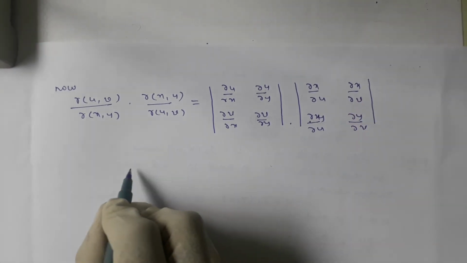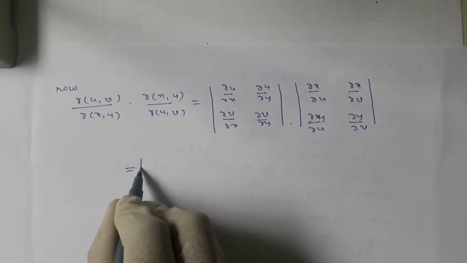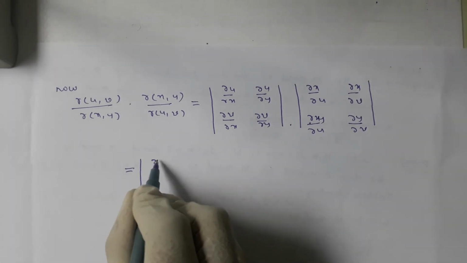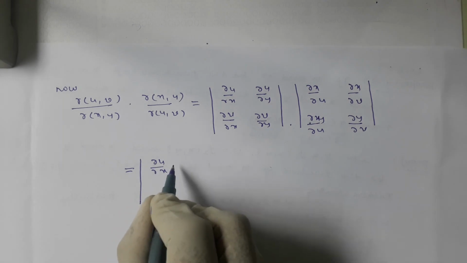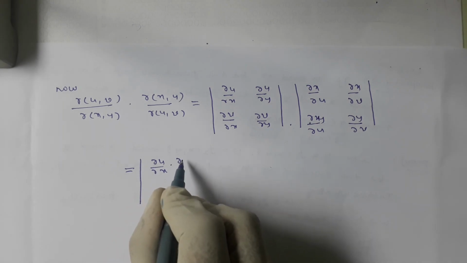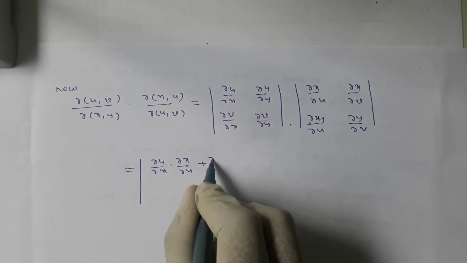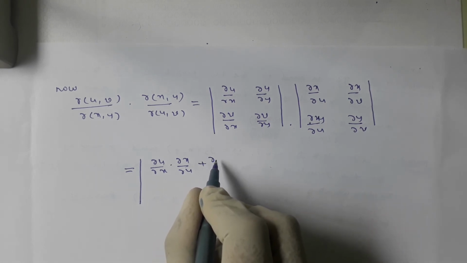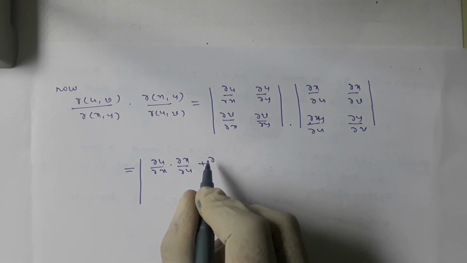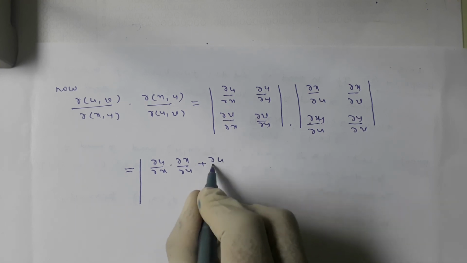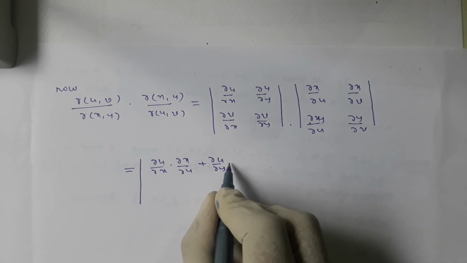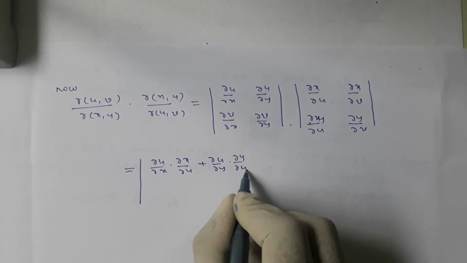As you multiplied these two, you will get dou u by dou x into dou x by dou u plus dou u by dou y into dou y by dou u.